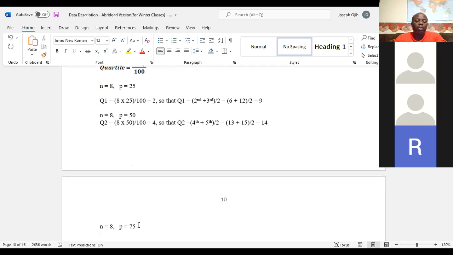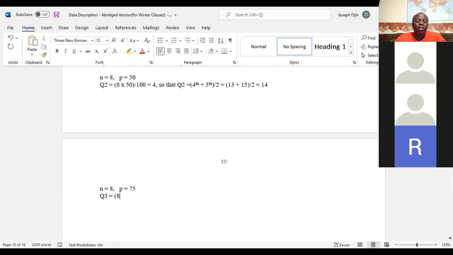So Q3 becomes 8 times 75 divided by 100. From our calculator, change this to 75, divided by 100, that gives 6.